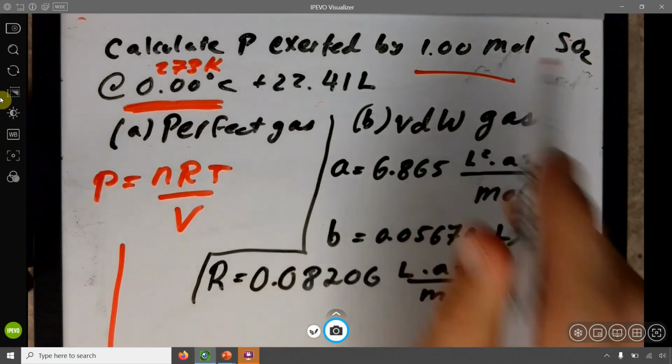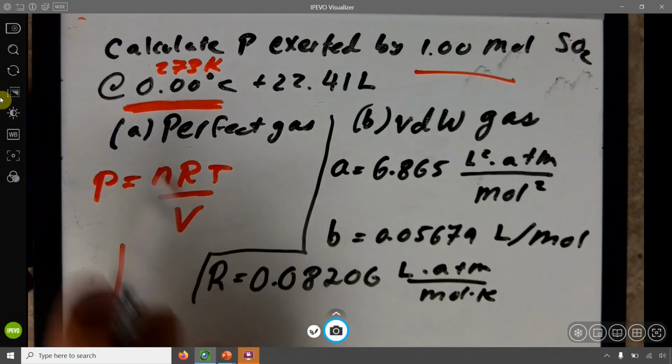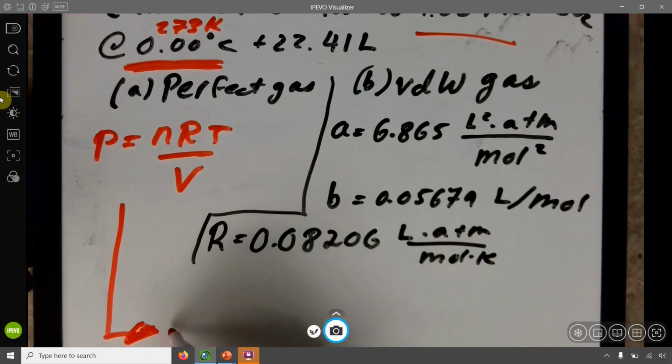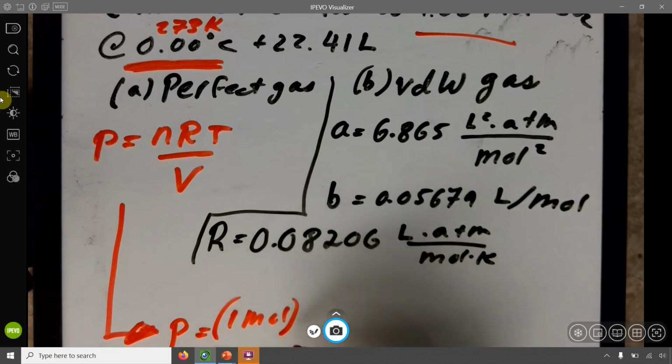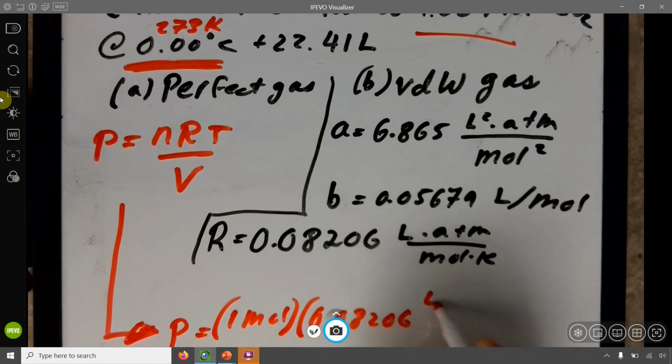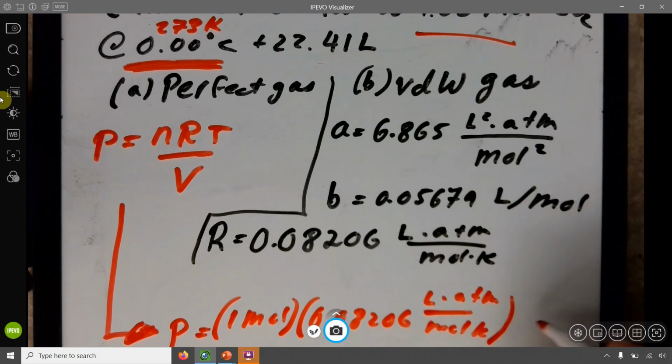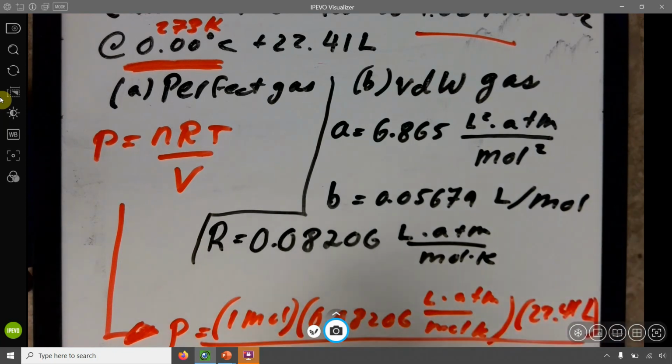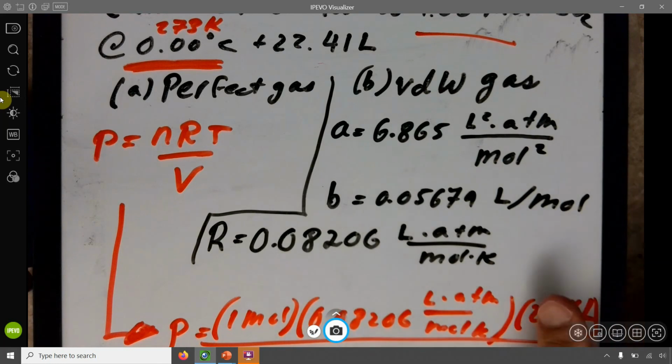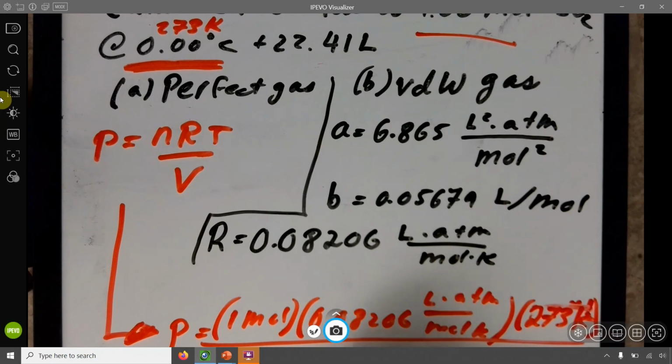Right? And I give you liters and I give you moles, so you don't have to convert anything else. Just the fact that this has to be 273 K. So to get P is equal to 1 mole. Look at me not omitting units. Aren't I just the greatest? 0.08206 liters ATM per mole K. Not 22.41 liters, it's 273 K. Apologize, 273 K, and this is 22.41 liters.